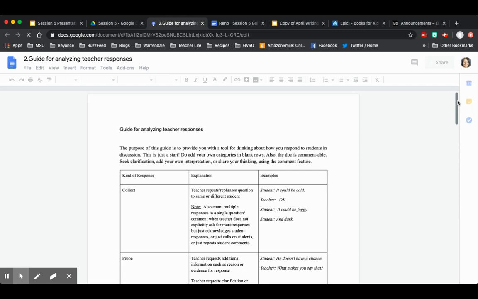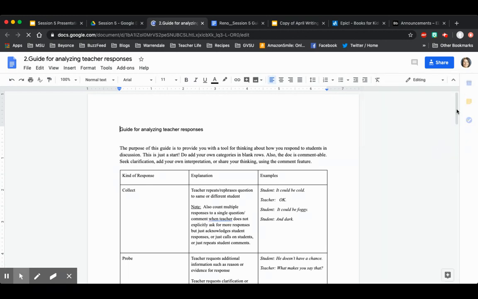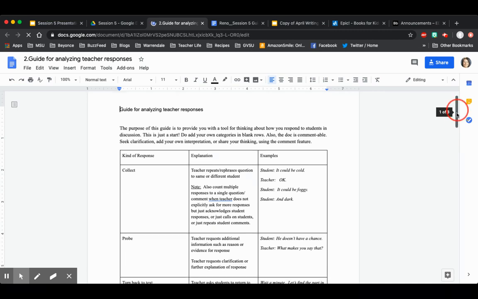Some of it we came up with, me and my other classmates and my professor, and then a couple of them were added by my other classmates. So this is not an end-all be-all list.